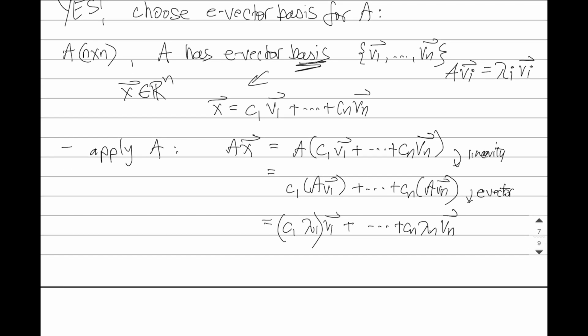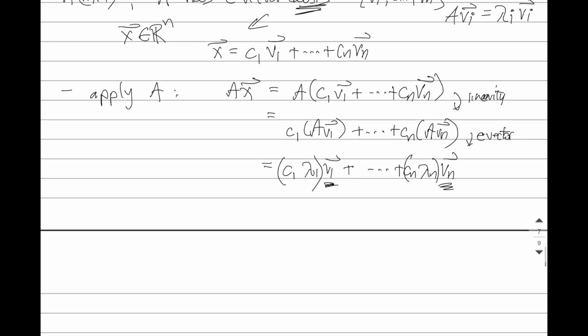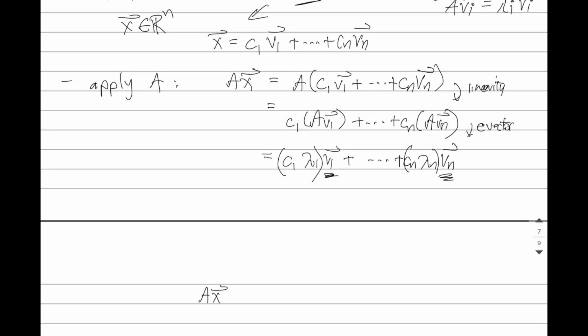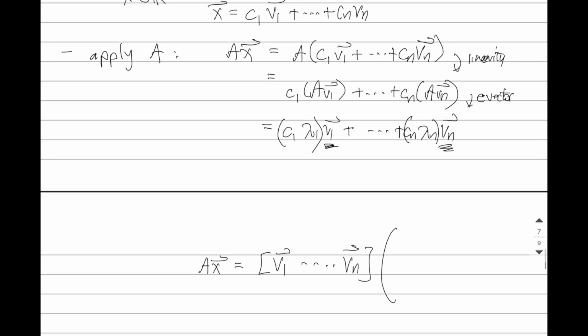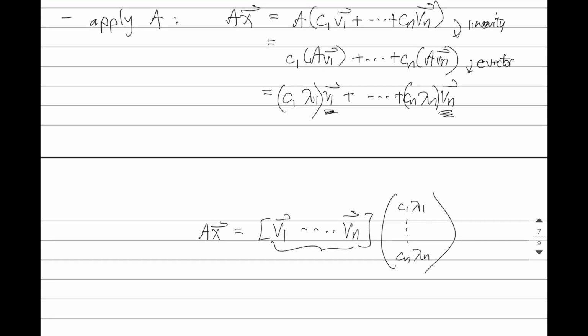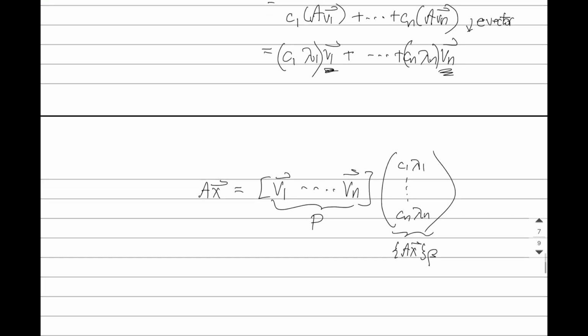We've got this scalar in front of vector v1, and in front of all of these things, we have a different scalar times this vector vn. There's a matrix that holds all of these basis vectors times a certain vector that holds the weights, c1 lambda 1 all the way down to cn lambda n. This is a matrix P, and this is going to be the representation of that vector in our new basis.